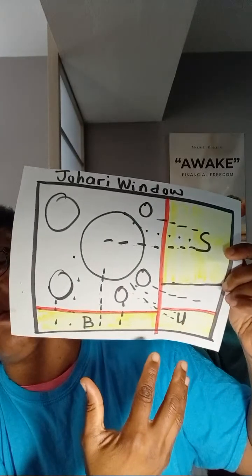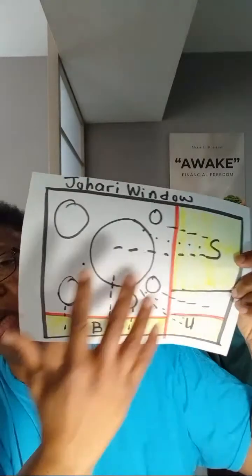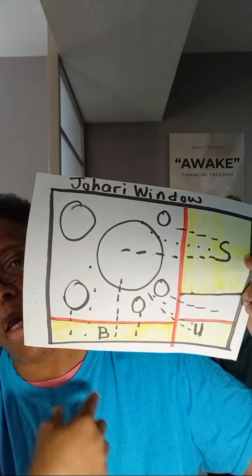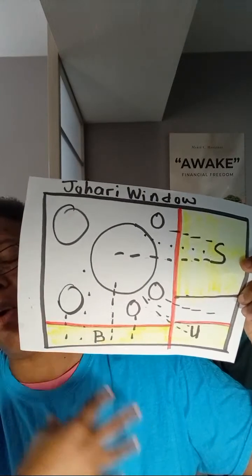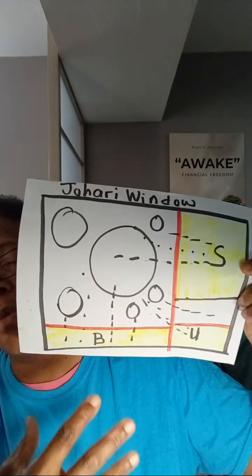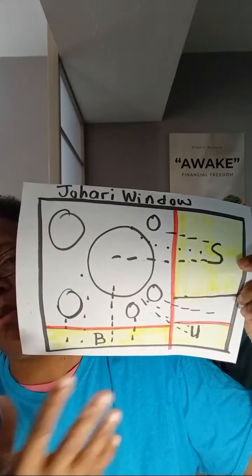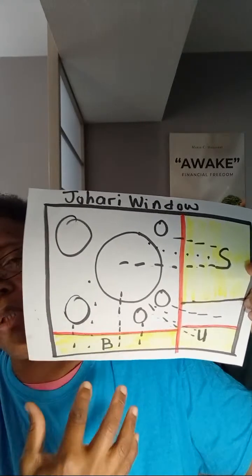The unknown area becomes smaller, and the information shifts into the open. And as you see, over time, as a person grows in a healthy relationship, the Johari Window will shift and move gradually. I'm just scratching the surface here. And that's the whole concept of this Johari Window.